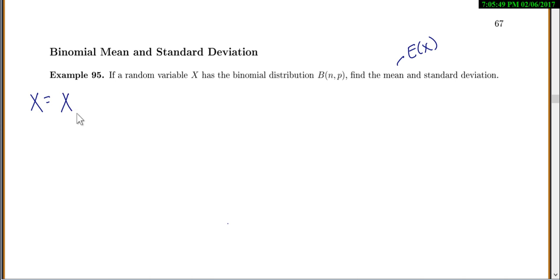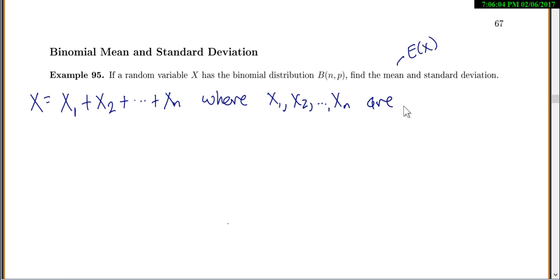So anytime you're binomial, x is really like x1 plus x2 plus up to xn, where x1, x2, up to xn are Bernoulli random variables.